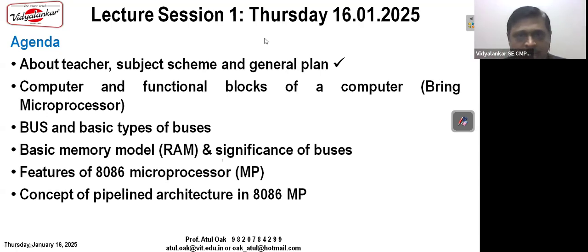Okay, so time to go. If all is well, type YES in chat box. I'm audible, I'm visible, and my presentation is also visible. Okay, I can see many different combinations of YES. Looks good.